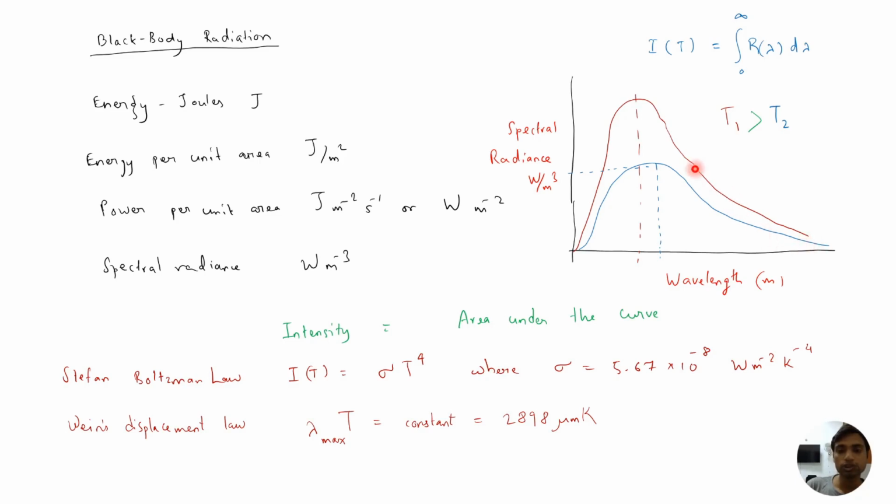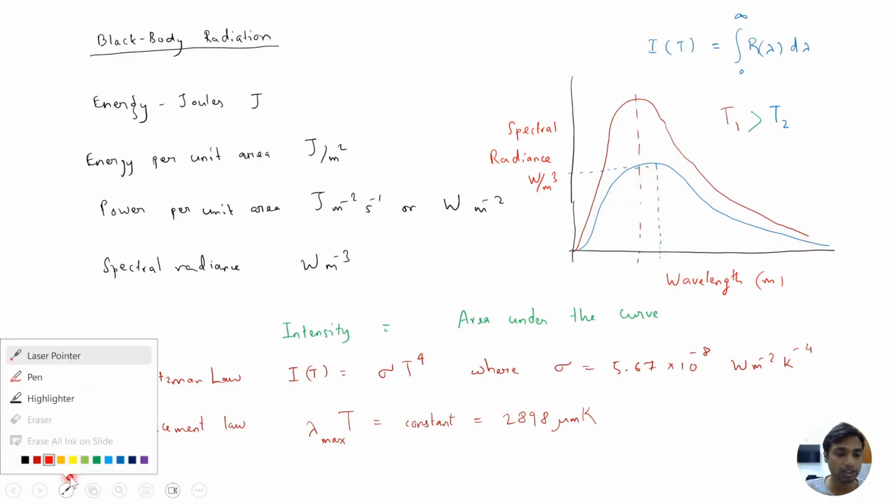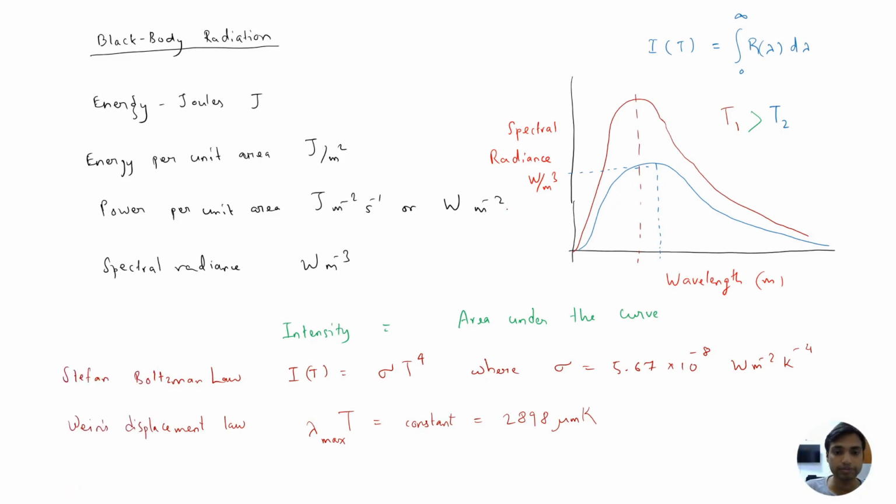The spectral radiance is R as a function of lambda at some fixed temperature T, and we obtain the intensity by integrating over all values of lambda from 0 to infinity. R is the spectral radiance, and I is the intensity.